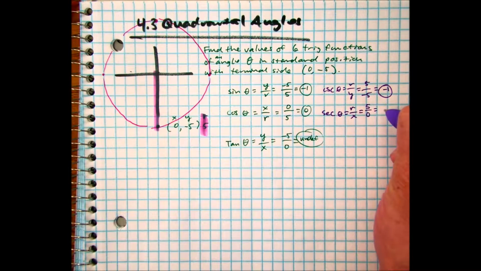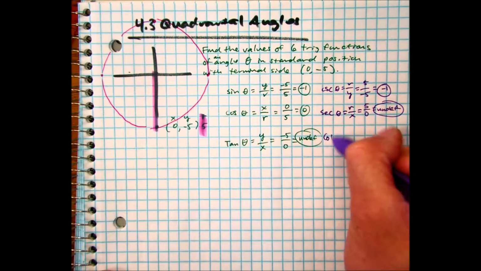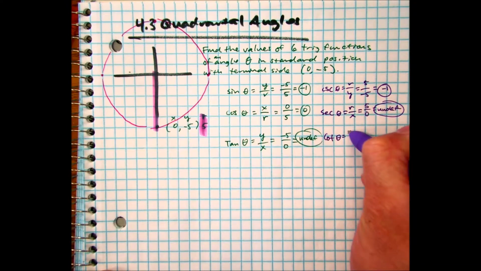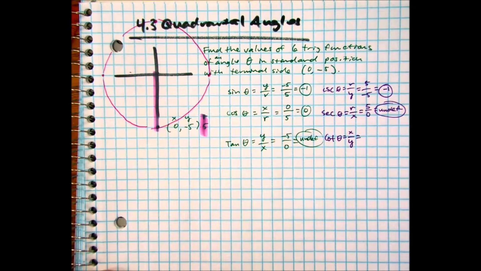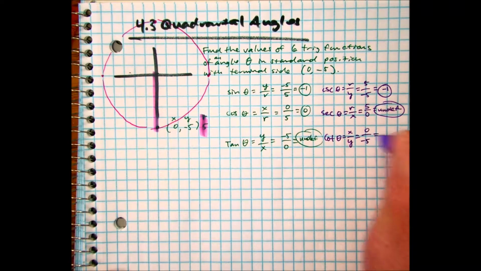Undefined. Ashley, number 3, cotangent. Zero over what? Which is? 0.